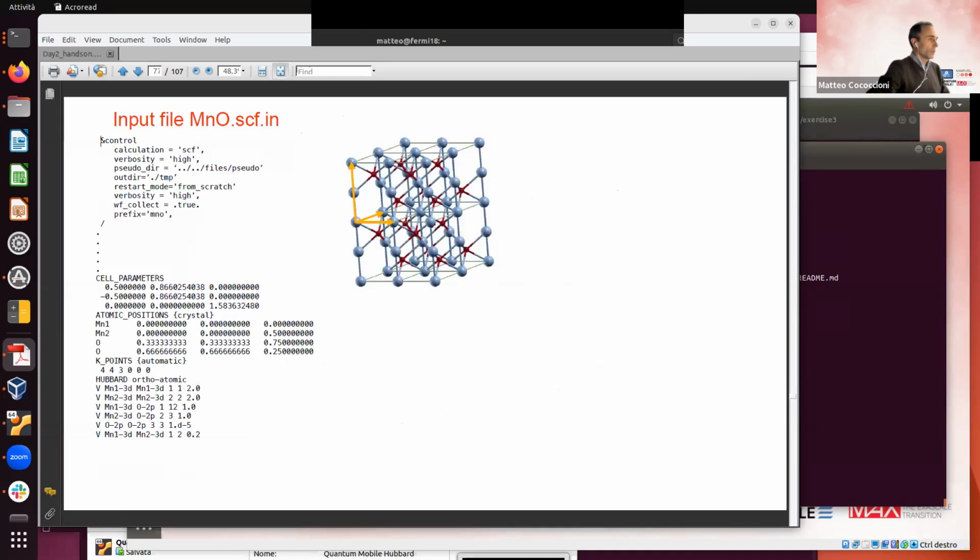Now, how to run a Hubbard DFT plus U plus V calculation? We need to add this Hubbard card at the end, and so we do it now.